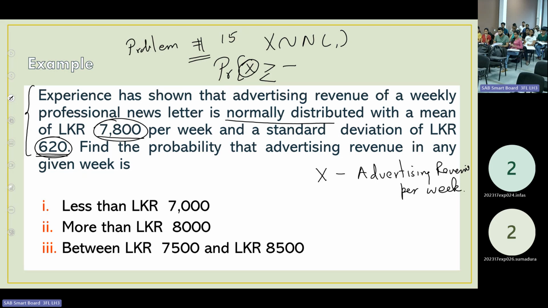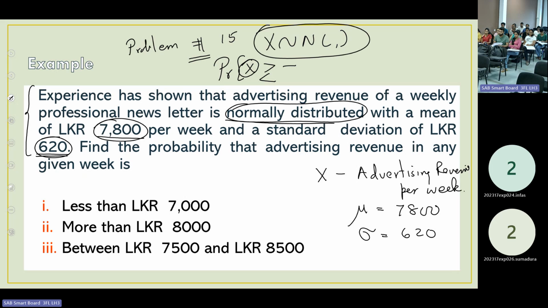So variable identified. They have mentioned that it is normally distributed. If it is normally distributed, two parameters should be there. One is mu and the other one is sigma. Have they given us? You have to check. In this case, they have given us mu, it is 7,800. Sigma is 620. And also it is mentioned as normally distributed. So we have a way of denoting it.